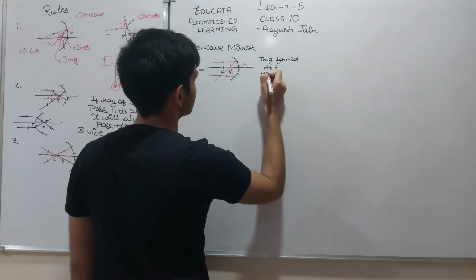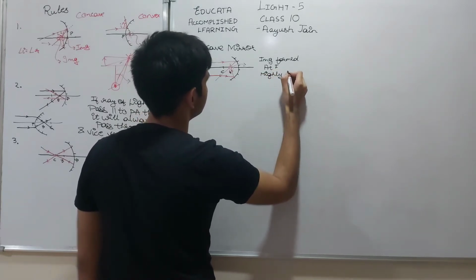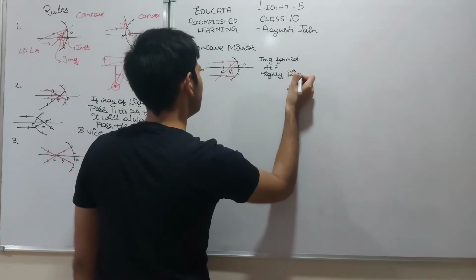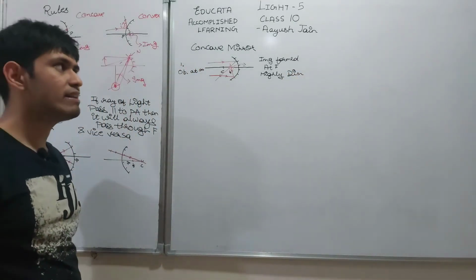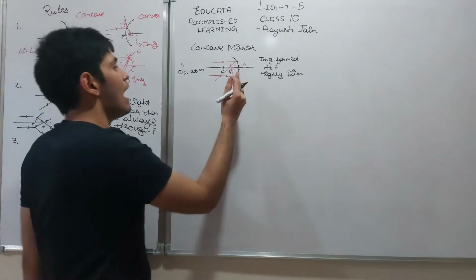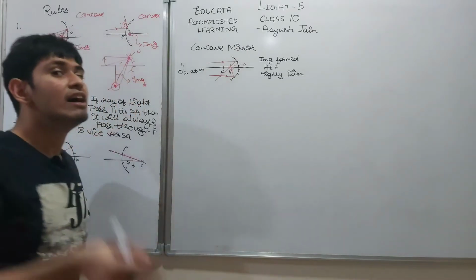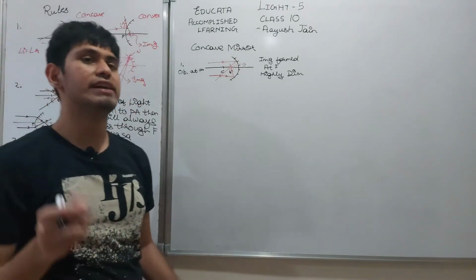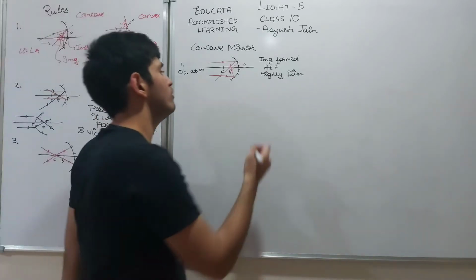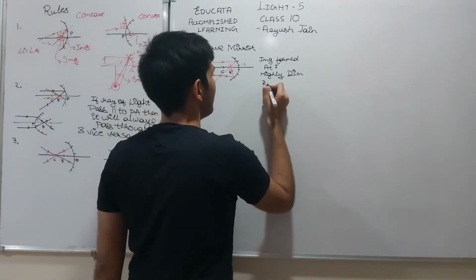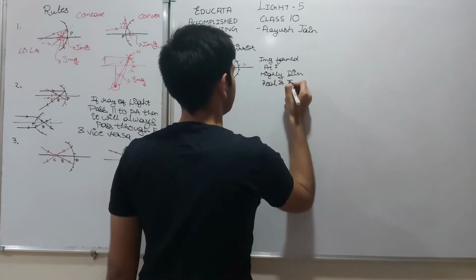Yes, highly diminished. Can we say about the nature of the image, like is it virtual, is it erect? Yes, we can say, any image formed in the case of a concave mirror on the left hand side is always going to be a real and inverted image.